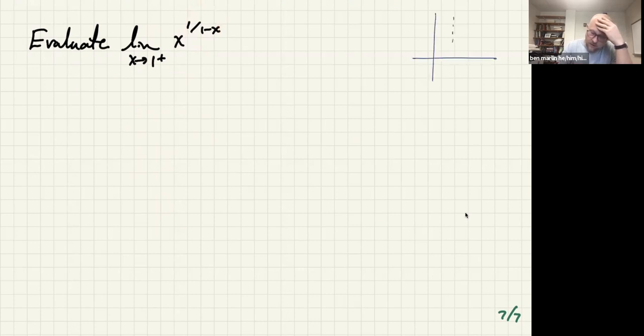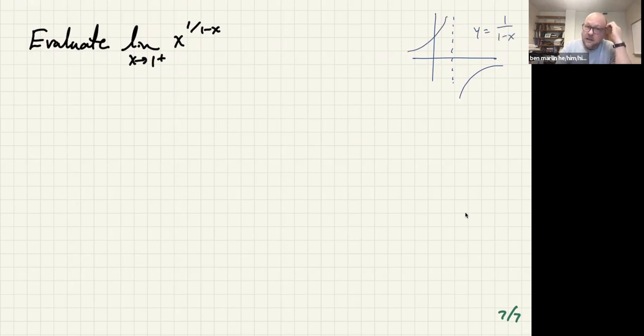So if you've got numbers that are slightly bigger than 1, then you have 1 minus that, so you get negatives out. And so that means that this graph looks kind of like that.